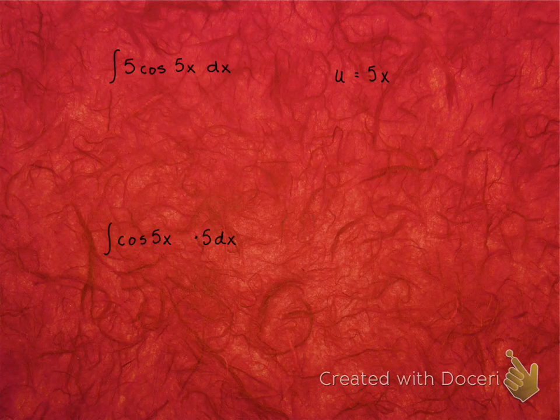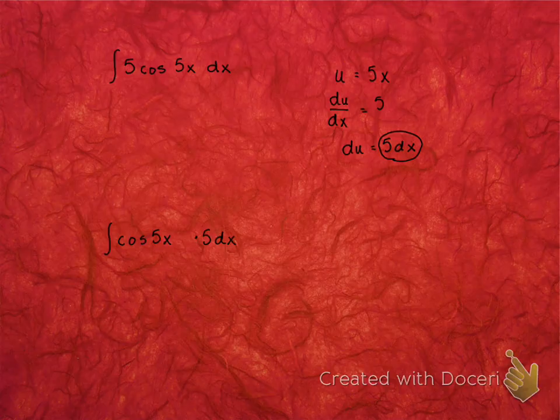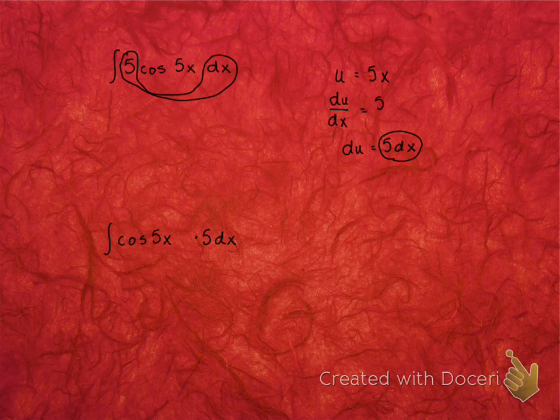So u is 5x. The derivative of that with respect to x is 5. So du is equal to 5 dx. And this dx matches that dx right there. Hence the reason for the rewrite. Eventually, you will be able to pick out what your dx is going to be by just looking at the problem.